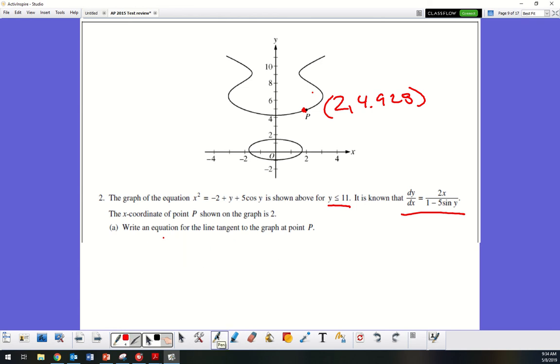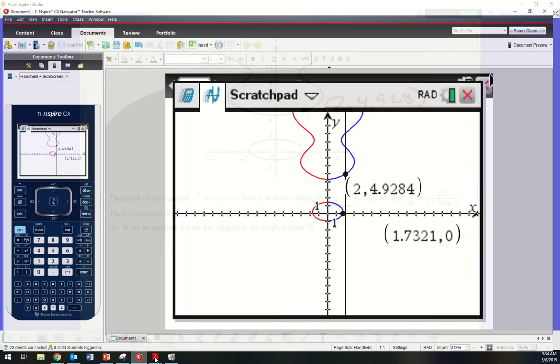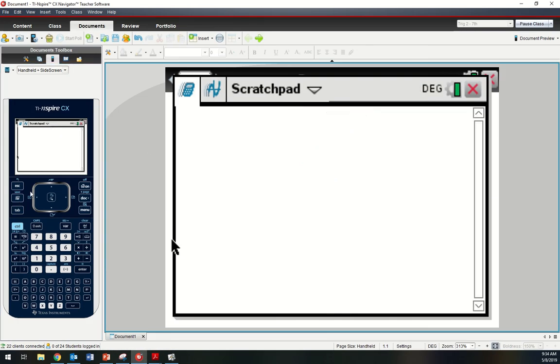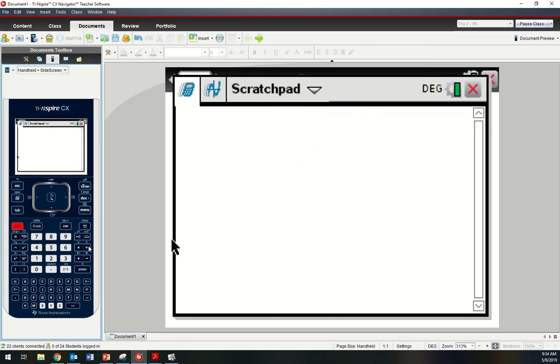Now, write an equation for the tangent line. So do I already have the slope? Yes. So this is the derivative, isn't it? Yeah. So what do I do with the derivative? Plug in x and y. All right, let's plug in x and y. So I'm going to go right here, control, divide, and it's 2 times 2 over 1 minus 5 sine y.